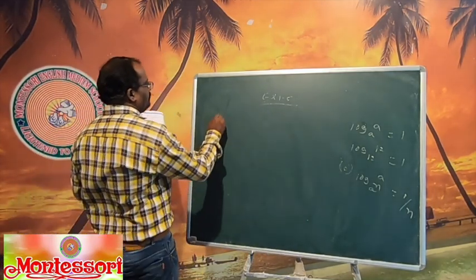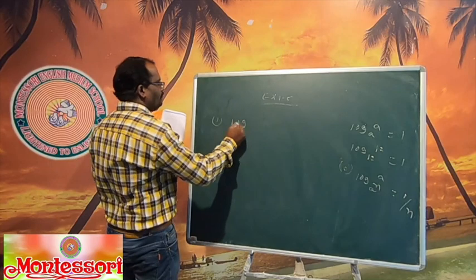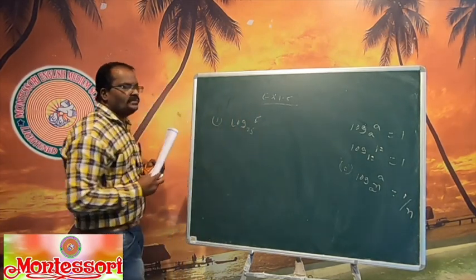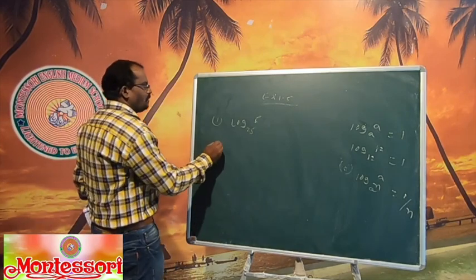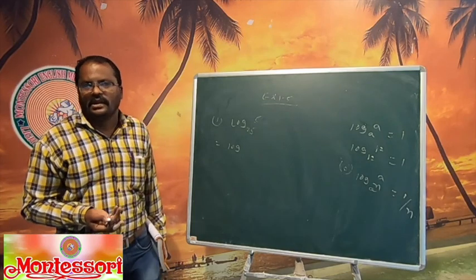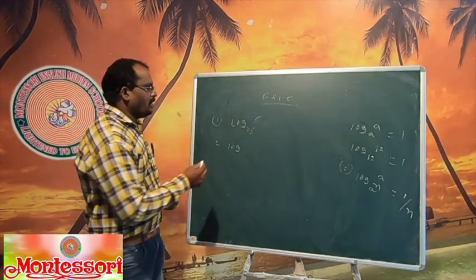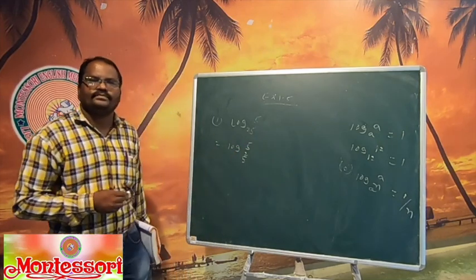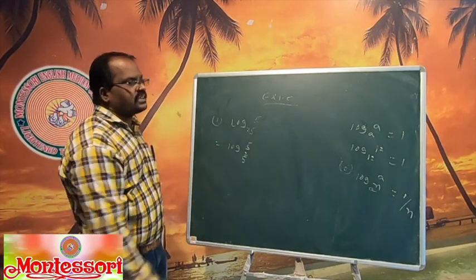Question number 1. Log of 5 with base 25. So first you have to write 25 as 5 squared, 5 times 5. So here 5 is there, here 2 is there, here 5 is there. Already I have written the sixth formula.